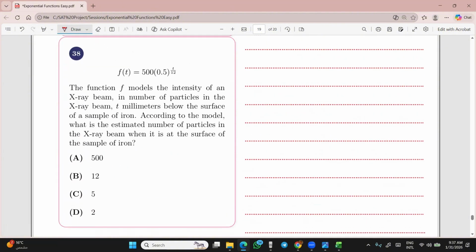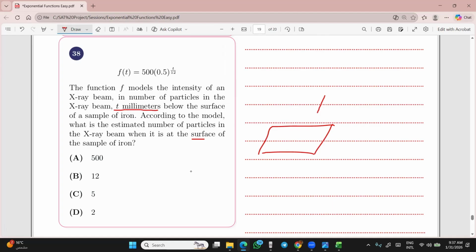Question 38, we are looking at this function, and the question says the function f models the intensity of an X-ray beam, in number of particles in the X-ray beam, t millimeters below the surface of a sample of iron. According to the model, what is the estimated number of particles in the X-ray beam when it is at the surface? At the surface means, let's say, the surface of the iron.